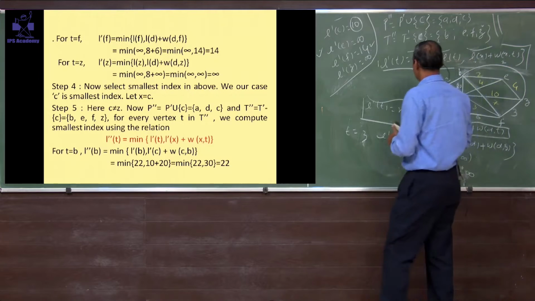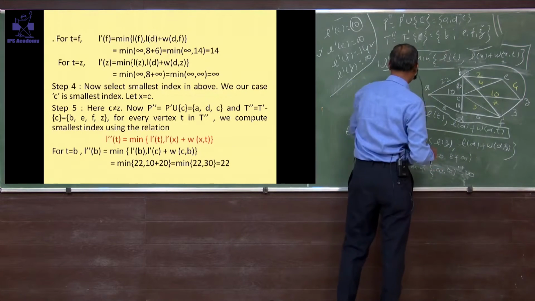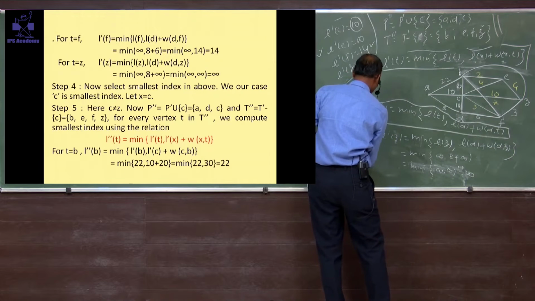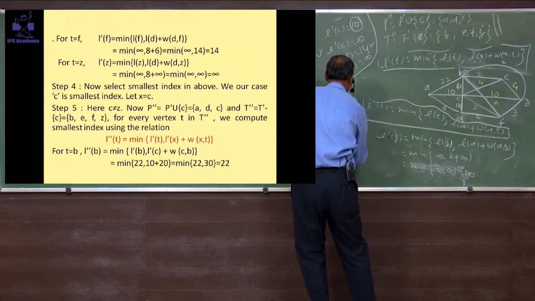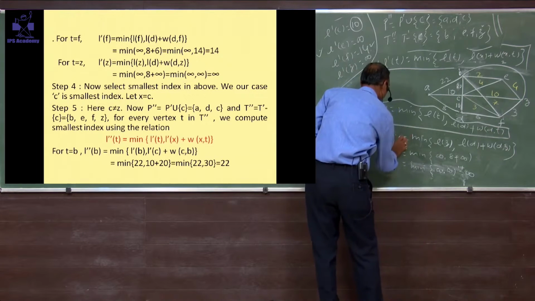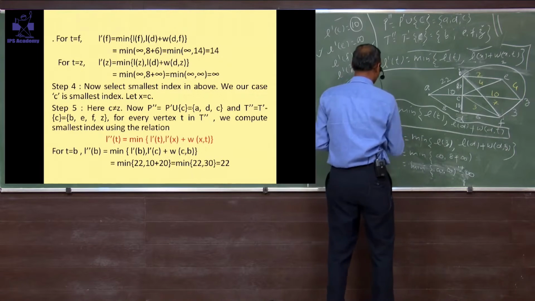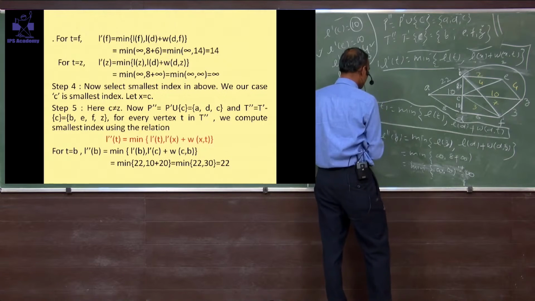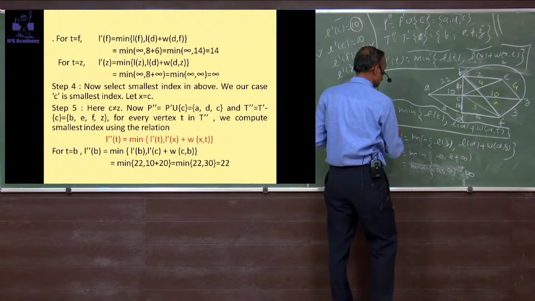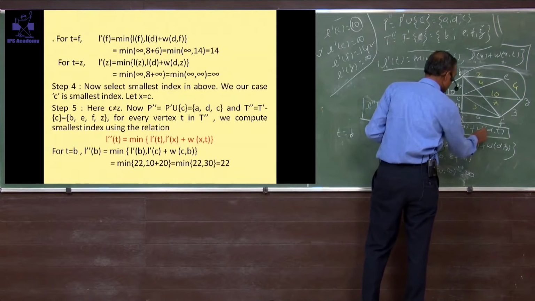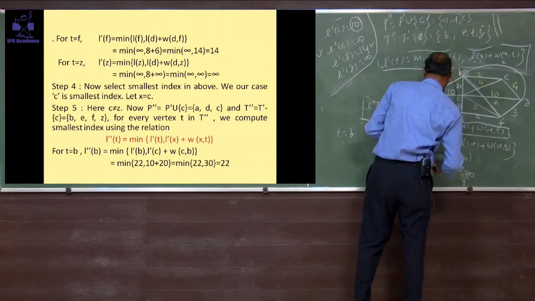So we put T equals to B. Here L double dash B equals to, the formula will be changed here. Only a change in notation. In place of L dash T, we take L double dash of T equals to minimum of L dash T plus L dash D plus W D comma T. There is no change.